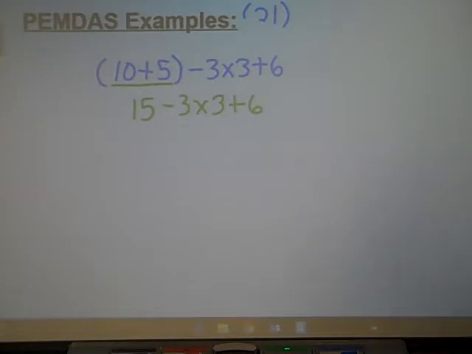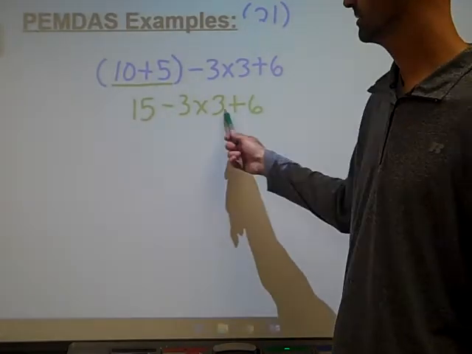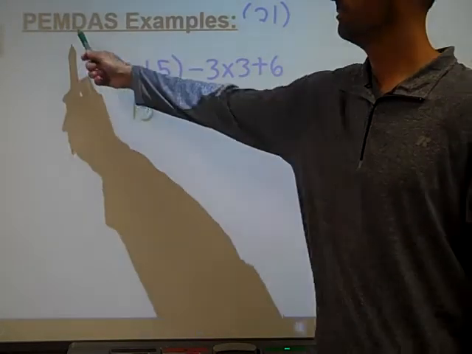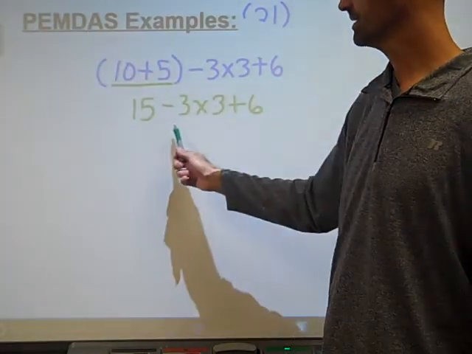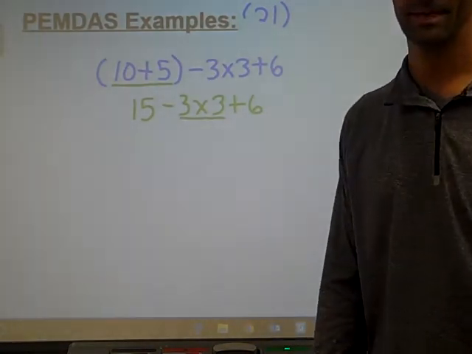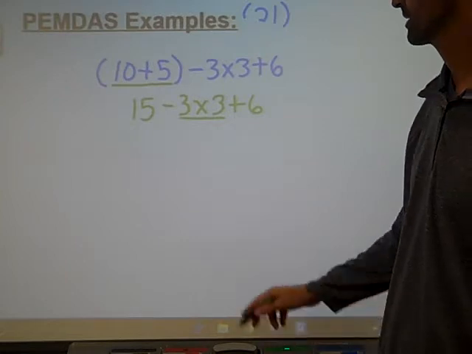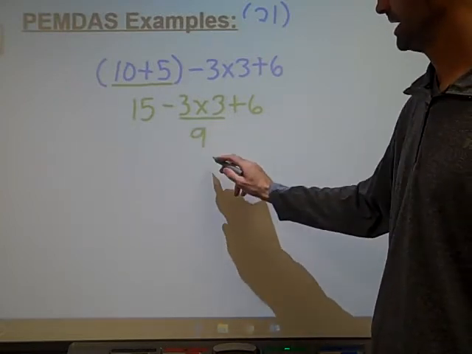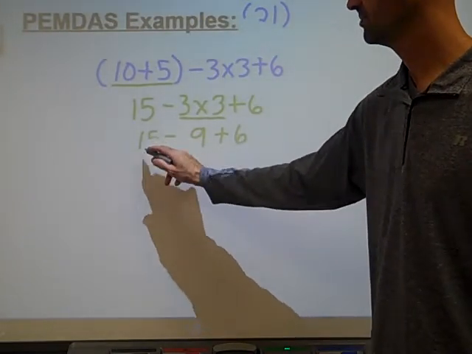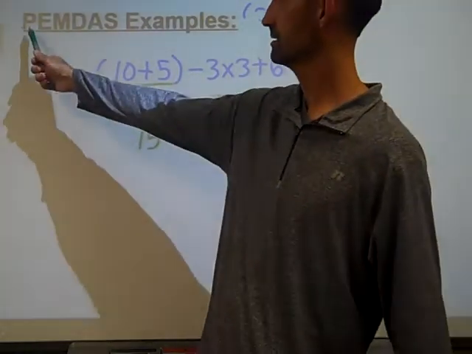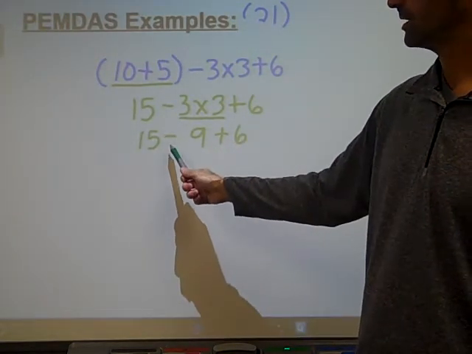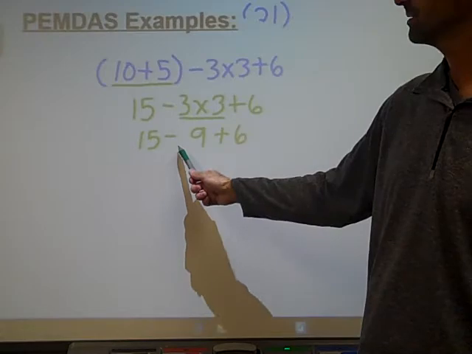And then we repeat PEMDAS again. Parentheses? No. Exponents? No. Multiplication or division? Oh, here's multiplication, so that's my next step. 3 times 3, 9. Copy everything else as it is. And we go back. Parentheses? No. Exponents? No. Multiplication or division?